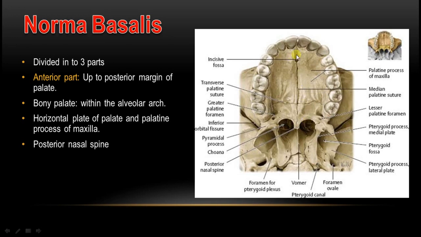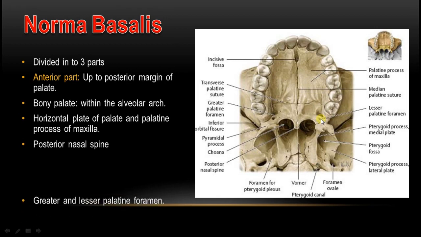So here, as I told you, the incisive foramen is seen in the incisive fossa. Then you are able to see, posteriorly near the molar tooth, medially on the palate, the greater palatine foramen, which transmits the nerves and vessels of the same name. You also come across the lesser palatine foramina immediately behind the greater palatine foramen.